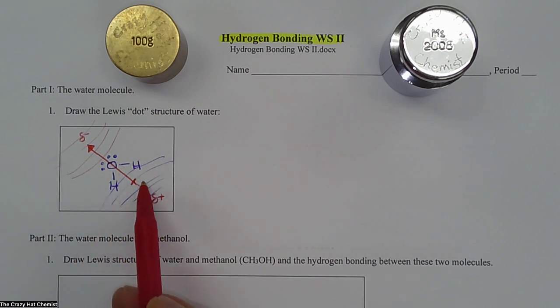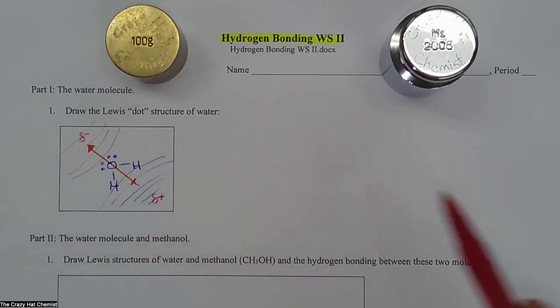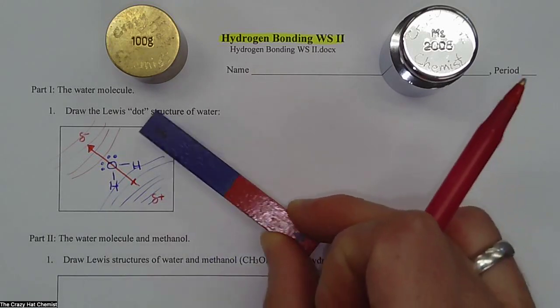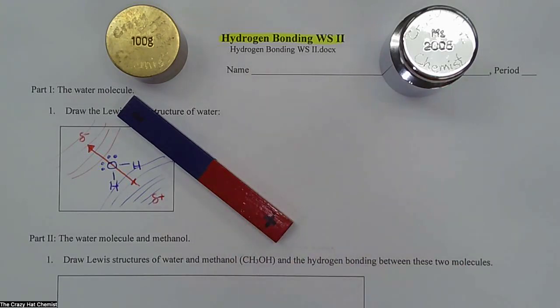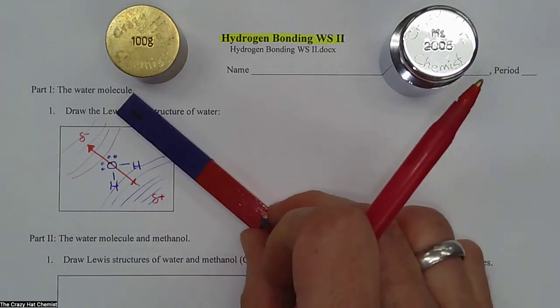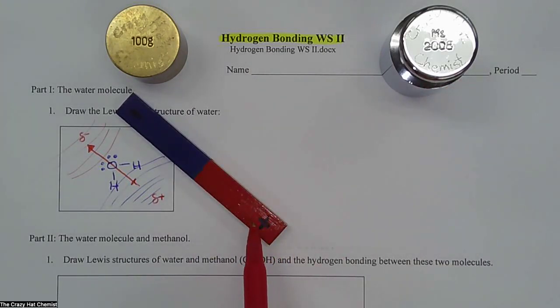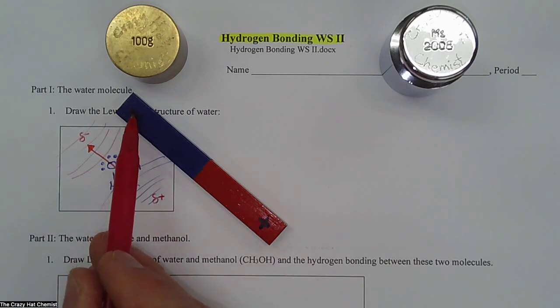When a molecule has polar covalent or polar bonds and it is asymmetric, you can draw a molecular dipole. That molecular dipole means that that molecule is polar. And I've already discussed this before on hydrogen bonding worksheet number 1, but it is very similar to that of a bar magnet. There's one end that's positive and there's one end that's negative.